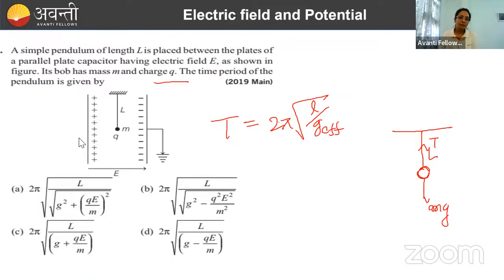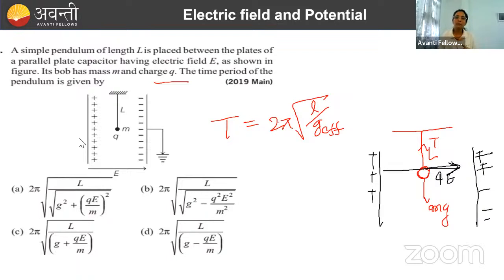Done. Now, the moment we put two plates of the capacitor in between, what will happen? The electric field will come into action. And that electric field direction, sorry, this was negative charge, this is negative. So the electric field direction is in this sense, and the bob has positive charge. So electric force will act in the direction of the electric field, that is QE.